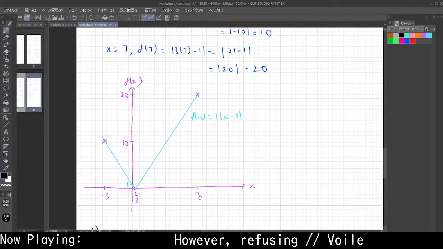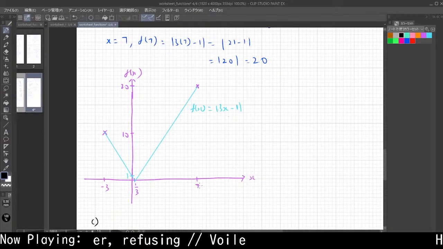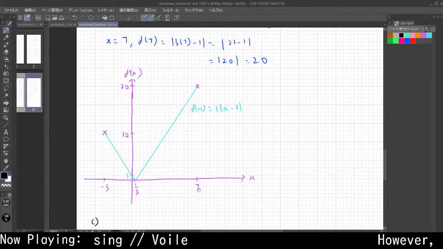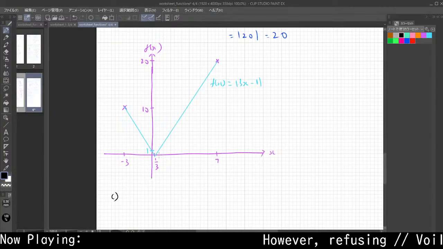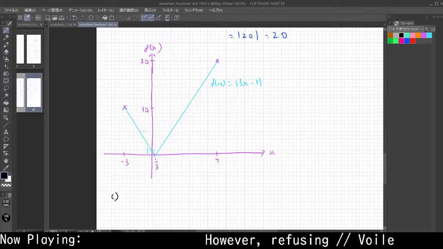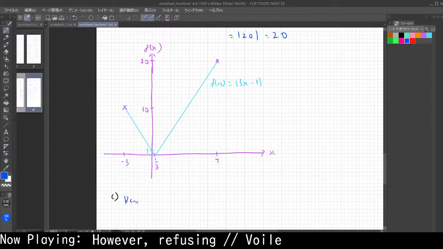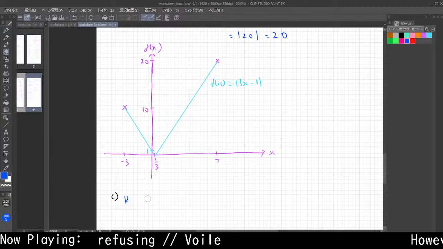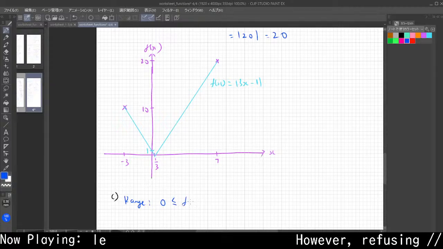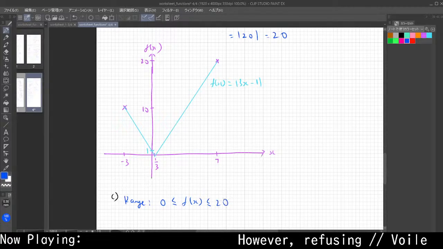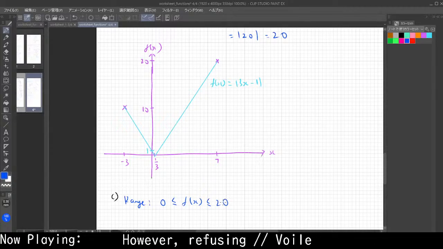So the range of values of f(x) is from your starting point to your endpoint on the vertical axis. So f(x) is between 0 and 20.